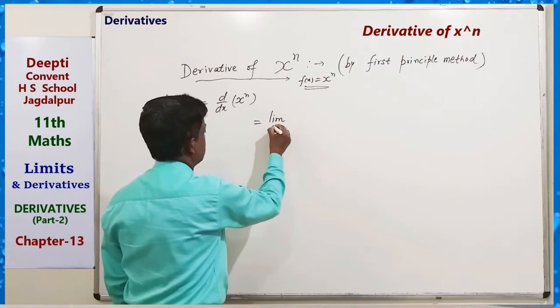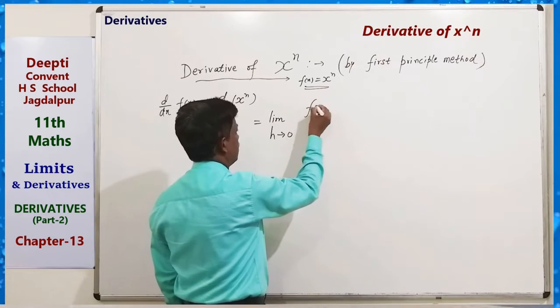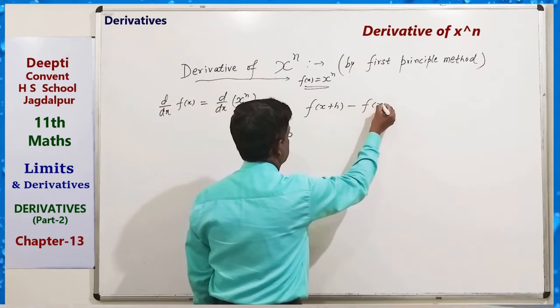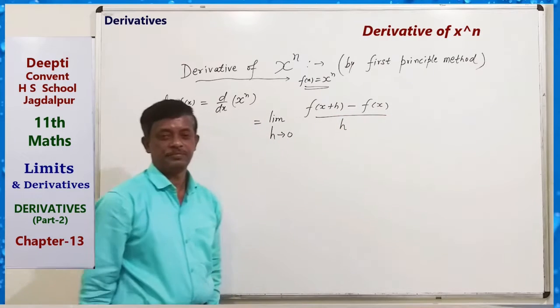So d by dx of f(x) is equal to the limit h tending to 0 of f(x plus h) minus f(x) upon h. We know this formula.